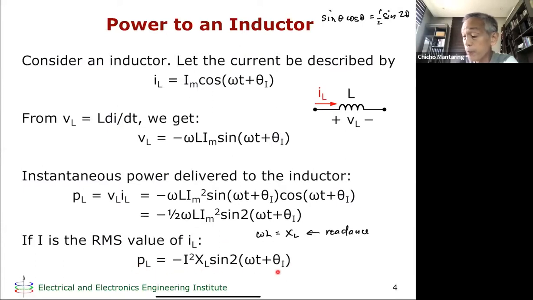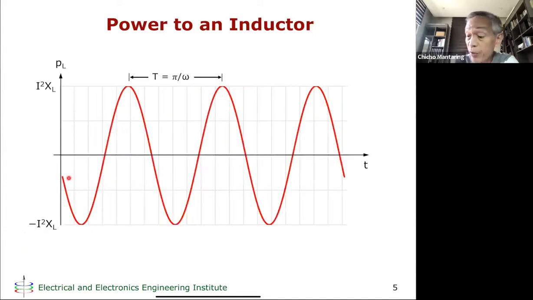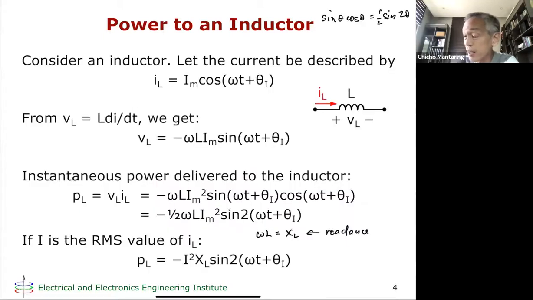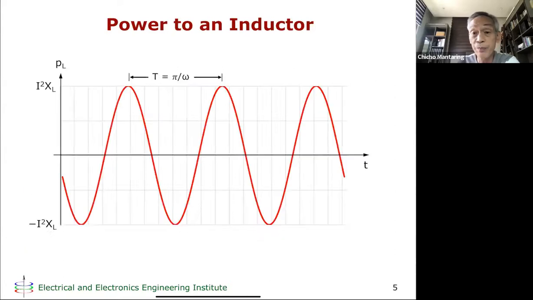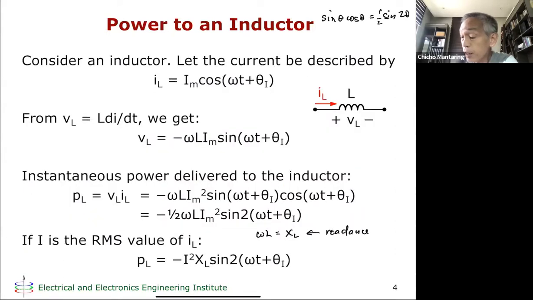So again, no, let me plot this. Ipa-plot ko to, no? So this is a negative sine wave with a phase shift, no? So ito, naging negative sine wave siya na may phase shift theta of I, no? Actually 2 thetas of I kasi multiplied by 2, no? Okay? Ito yung amplitude ng sine wave, I squared XL.